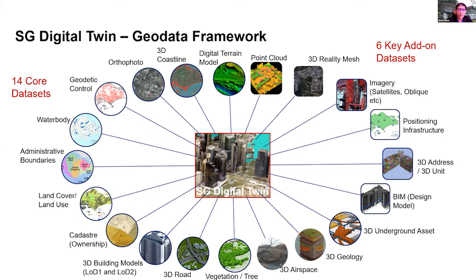From a Singapore perspective, we have this framework that has started and is a progressive framework that would allow us to build digital twin that would support our smart nation, as well as part of the digital twin will cover underground in 3D. In this case, we are talking about 3D geology data sets as well as 3D underground asset data sets.